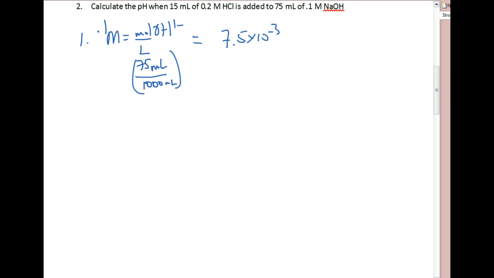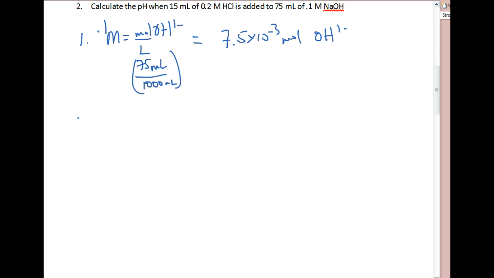What we'll start off with is using the molarity formula to calculate the number of moles of the hydroxide ion, which is what we're looking for here. I'm going to take 75 mils, divide by 1,000 mils to turn it into liters, plug in 0.1 here, and solve for moles. When I do that, I get 7.5 times 10 to the negative third moles of hydroxide ions.